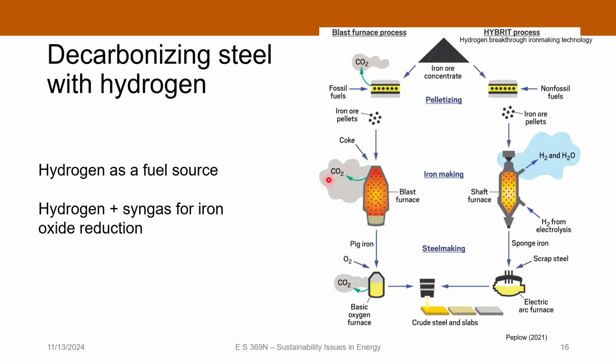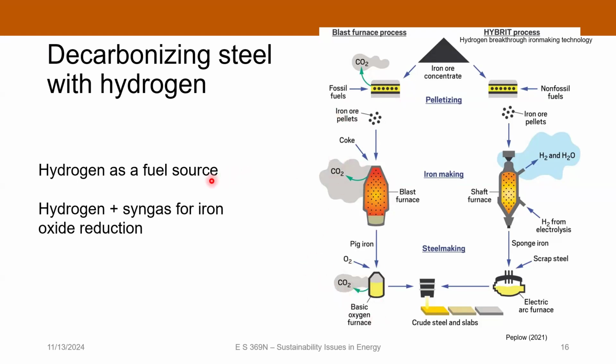So this is an illustration of your typical blast furnace process. You take your iron ore and you mix it with these pellets of usually coal, and then you run that through the blast furnace, and that emits CO2 both from the energy and from the chemical reactions. And then the oxygen furnace also emits CO2.